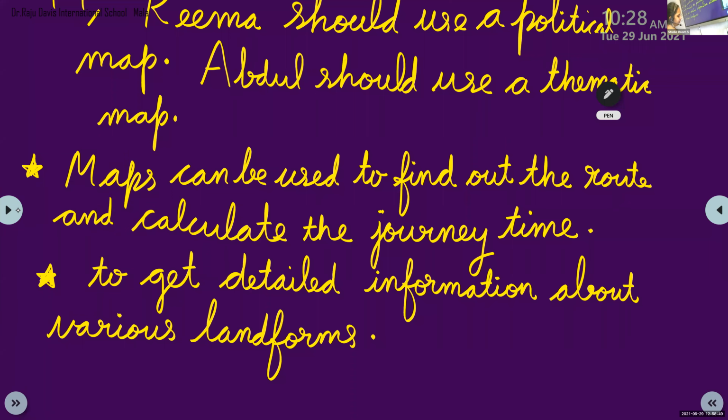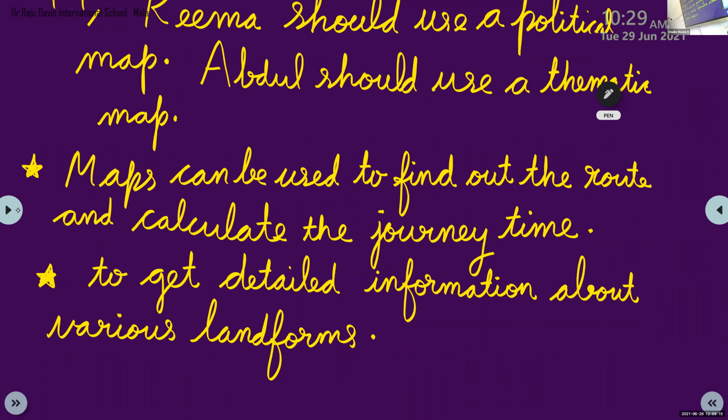So let me repeat the answer once again. Rima should use a political map. Abdul should use a thematic map. Then write any two ways in which maps are useful to you in your everyday life. Maps can be used to find out the route and calculate the journey time.